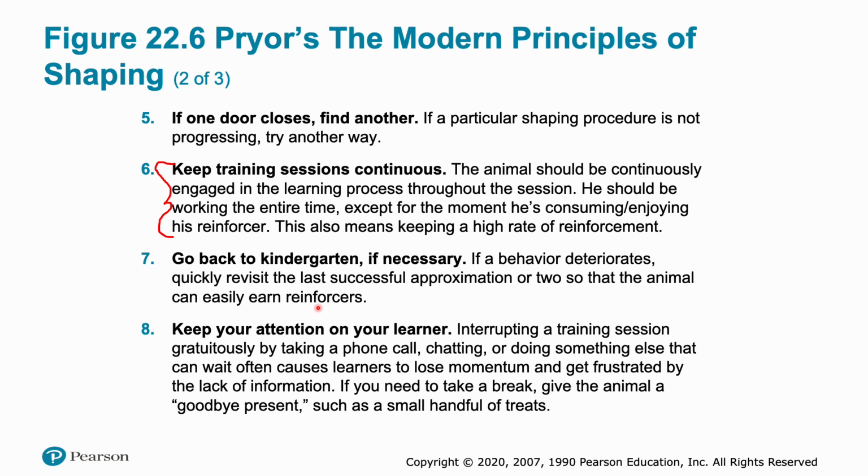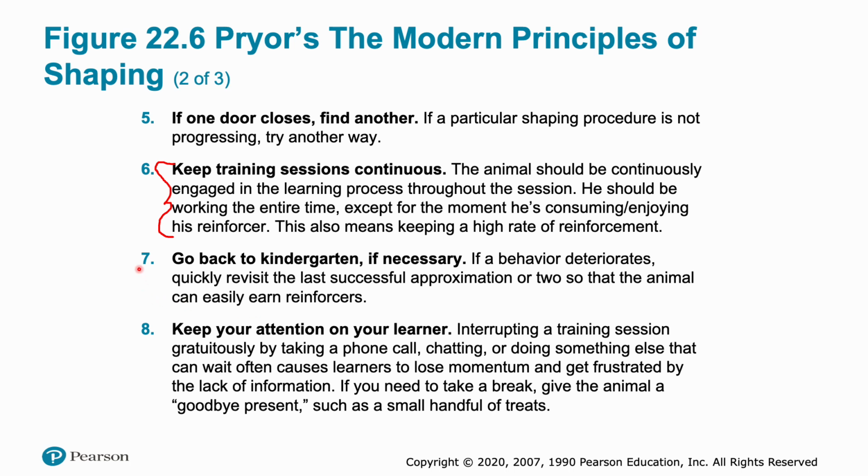So remember, when you are running a shaping procedure, we are implementing differential reinforcement. And differential reinforcement involves reinforcing one behavior and placing all previous other behaviors on extinction. So, if they're not accessing the reinforcers, like I mentioned earlier, then their behaviors are being placed on extinction.